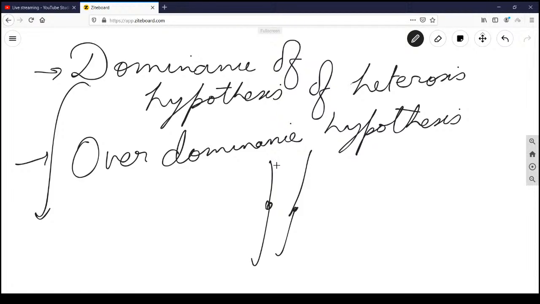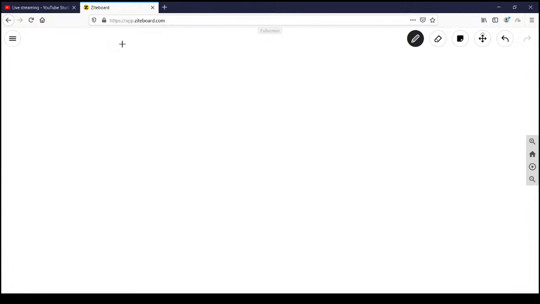Let me show you one example. Suppose a parent has AA, BB, CC, DD genotype. Wait, I'll change it up.